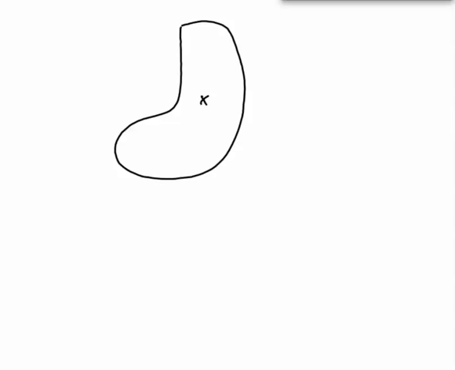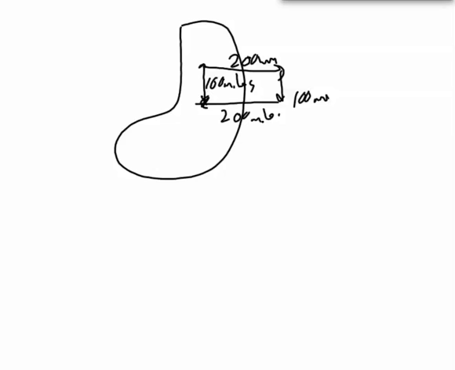Mr. Shoes travels north for 100 miles, no, wait, let's say 200 miles. And then he goes east for 200 miles. And then he goes south for 100 miles. And then he goes west for 200 miles.